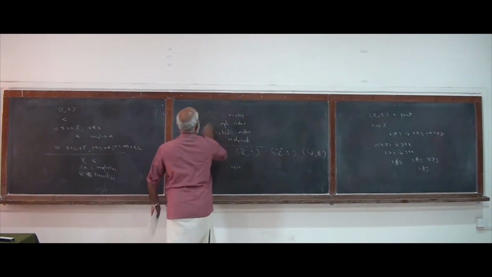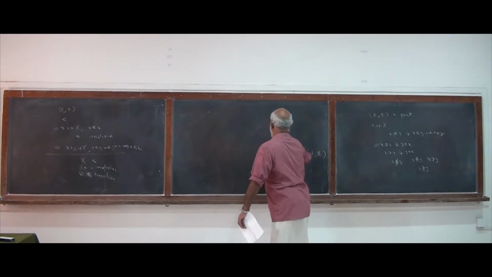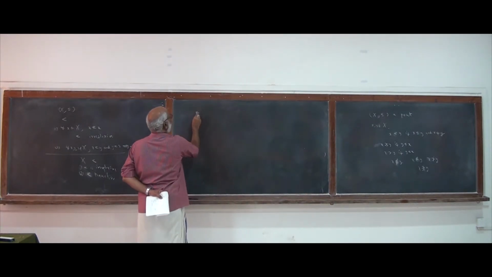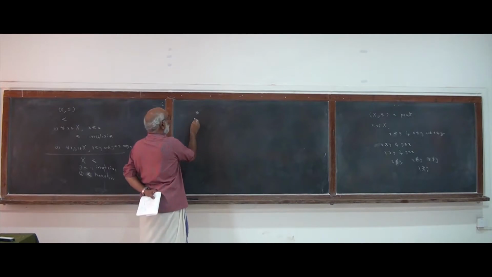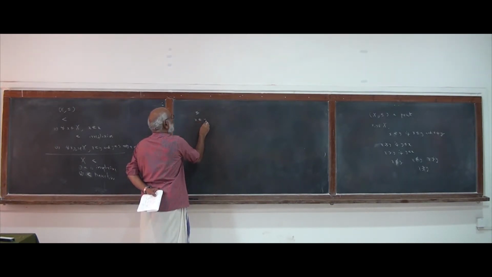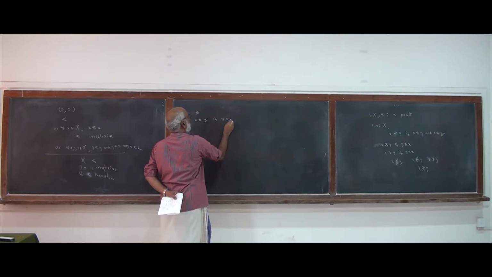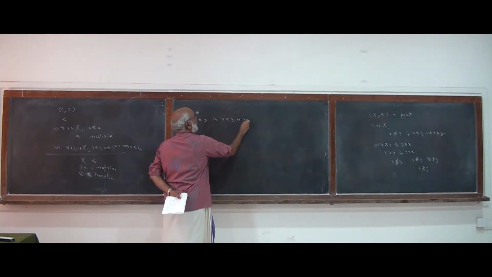From this relation we can define another relation as follows. We can define a relation less than or equal to as follows. How? x less than or equal to y if x is less than y or x is equal to y.